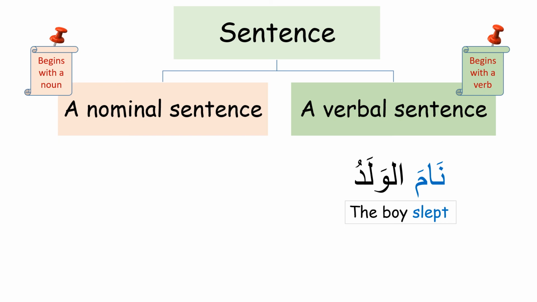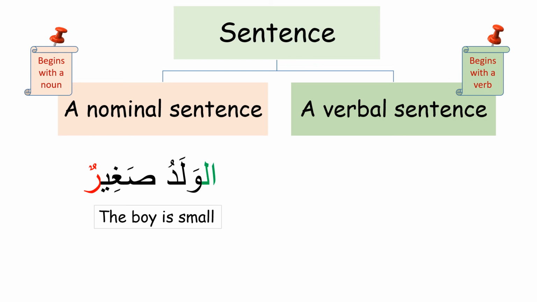Speaking of the nominal sentence, let's move on to its example. الولد صغير. Again, الولد صغير. It looks familiar, isn't it? You are absolutely right. It is nearly the same example given about the adjectival phrase earlier. What's the difference?